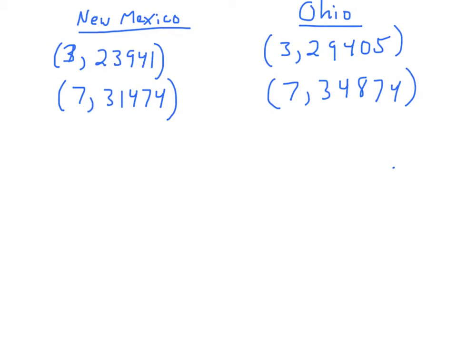If we have two ordered pairs, which we do, and I'm going to focus on New Mexico right now, then we can find the equation of the line that goes through those two points. The first step would be to calculate the slope. So you do y2 minus y1 over x2 minus x1, and work that out.